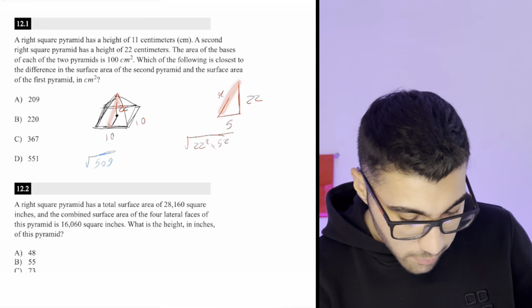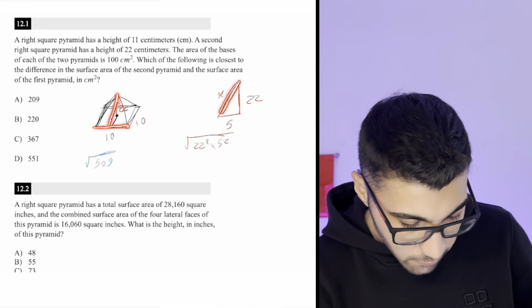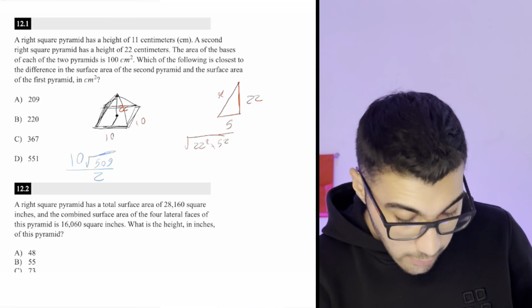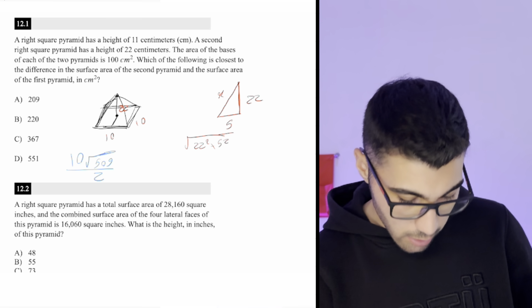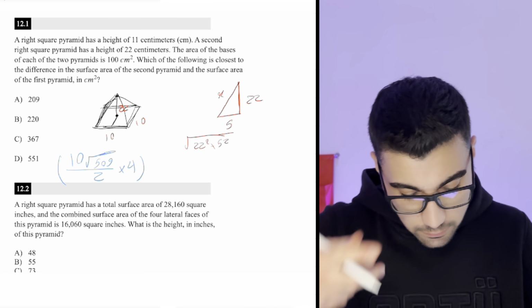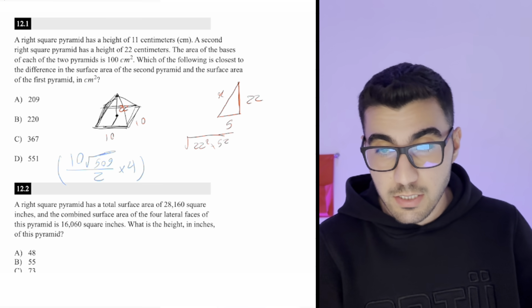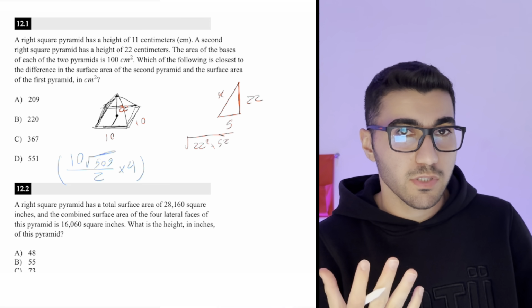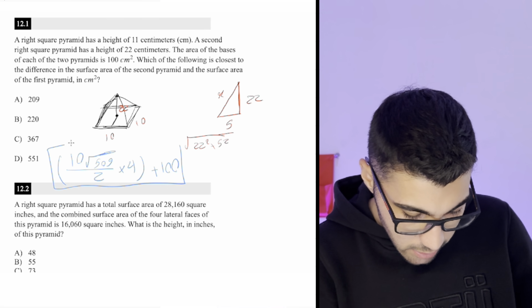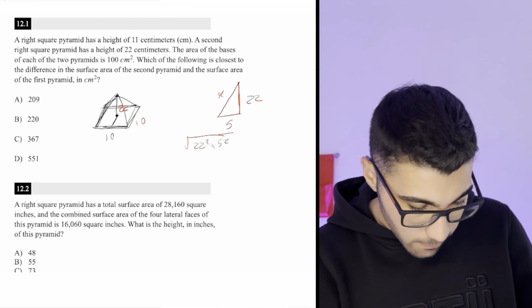Now find the area: this times base divided by 2, so this times 10 divided by 2. Now multiply this by 4 because we have 4 of these. This is the area of the 4 lateral faces. Now plus the area of the base, we're going to get the surface area of the pyramid. So plus 100. This is the surface area of one of the pyramids.